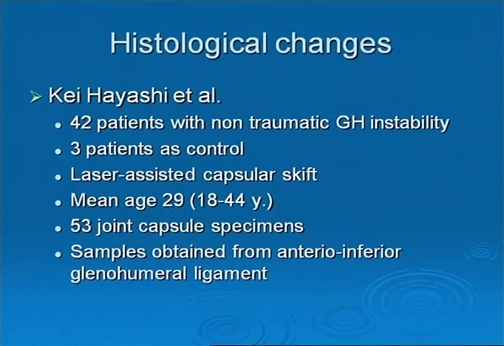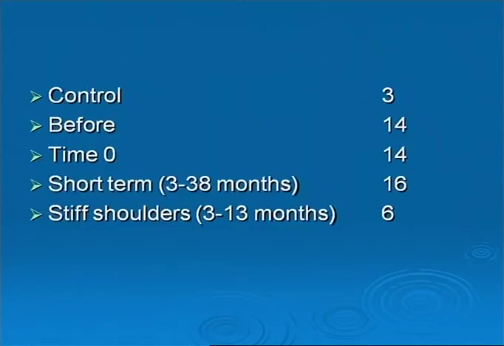The samples were collected from the anterior inferior glenohumeral ligament. The controls, as mentioned, were 3. They collected 14 patients before treatment and 14 directly after treatment, 16 specimens at about 6 months, and they had 6 stiff shoulders after an average of 6 months.